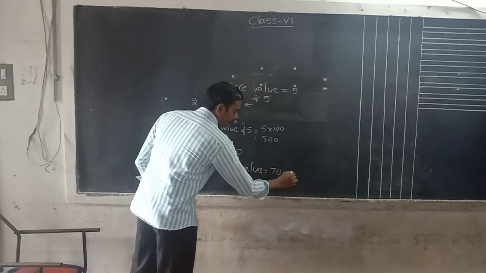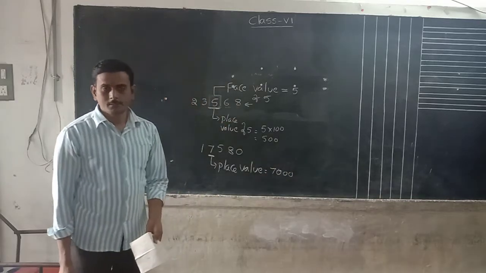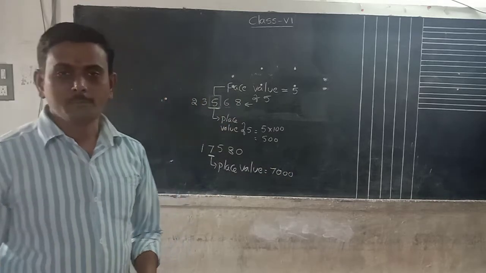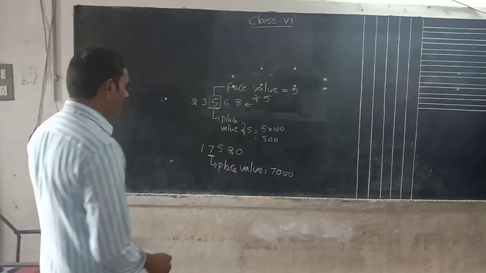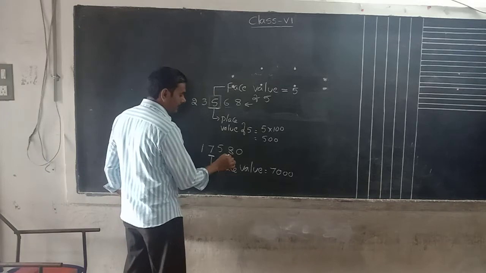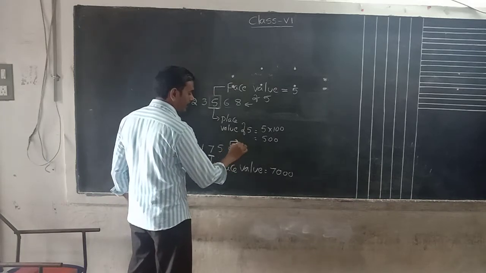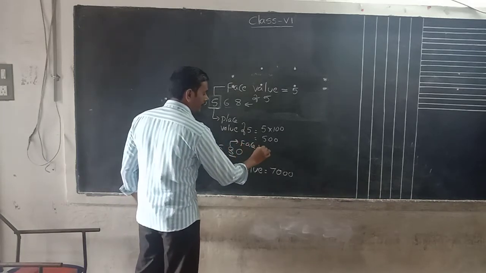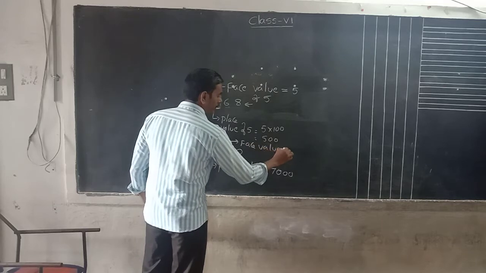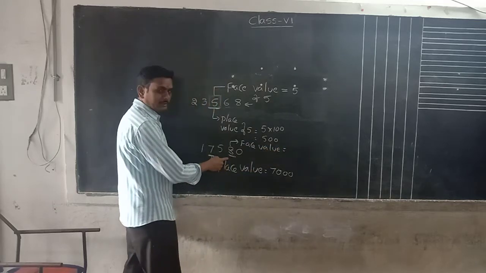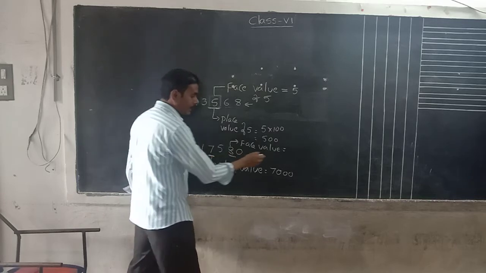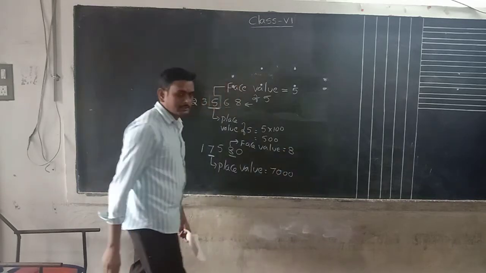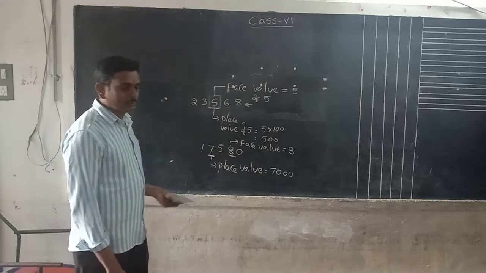Place means we have to follow the Indian system. For this number I want to write the face value. Face value equal to which number? I want to know the face value of 8. Face value is 8. Like that only, we complete it.